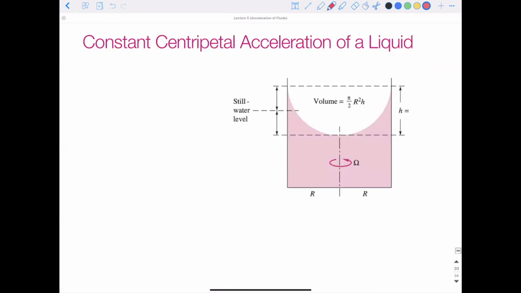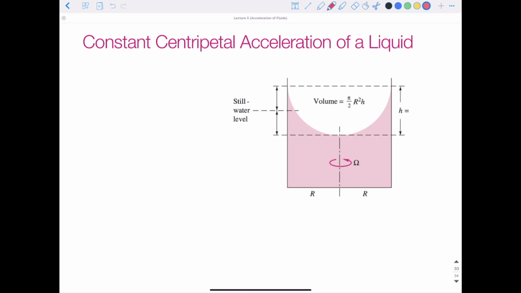So the next thing that we need to find, if we're going to define pressure changes in a fluid, is to determine the equation of the free surface. So after we have some fluid in a symmetric container, it starts to rotate. We have some equations for the isobars. We need to figure out what is the actual height of the fluid now.